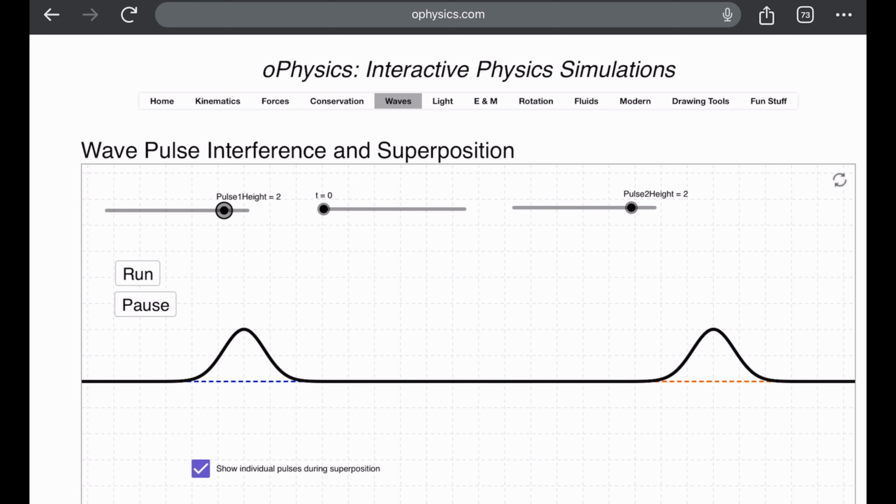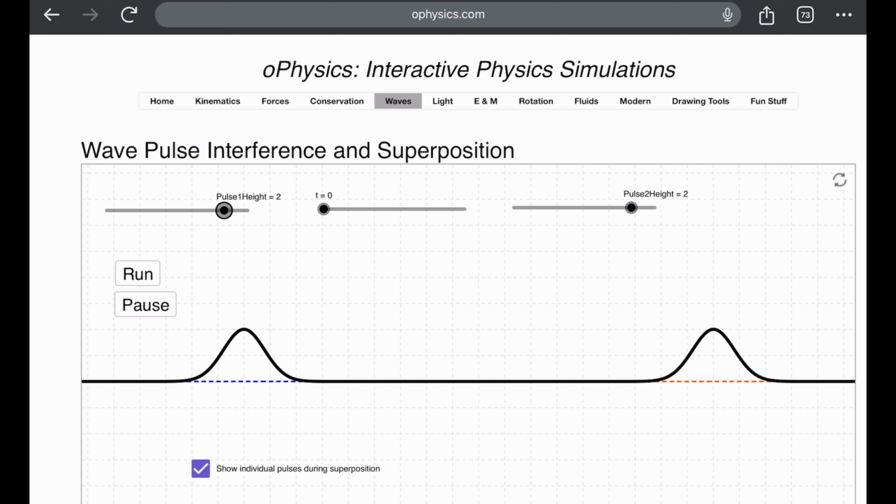By similar I mean that pulse one is traveling in the right direction and is above this line, and the second pulse is traveling in the left direction and is also above this line, so both have the same phase.